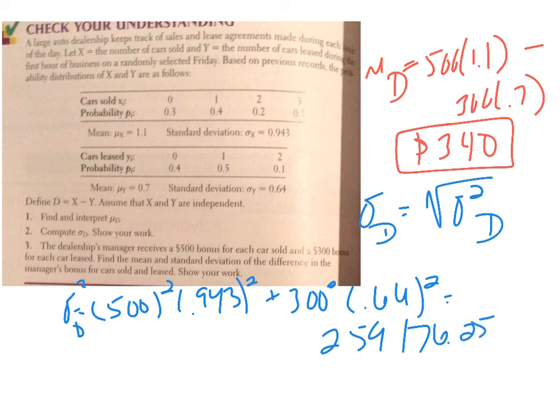When I take the square root of that, I get 509.09, so his standard deviation from that average is $509.09. We're going to do 2 more examples of normal random variables, one sum and one difference, and then we'll be all set.